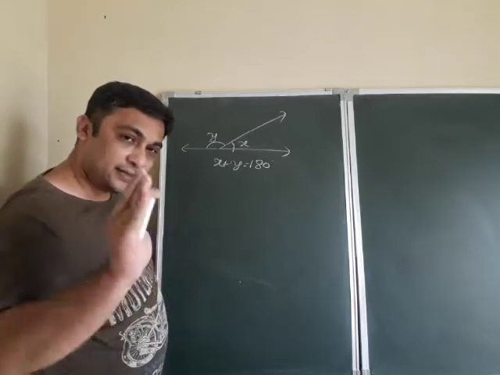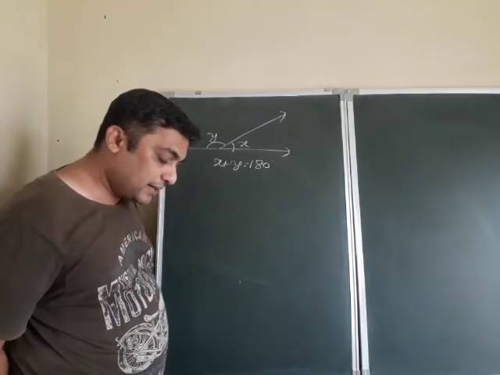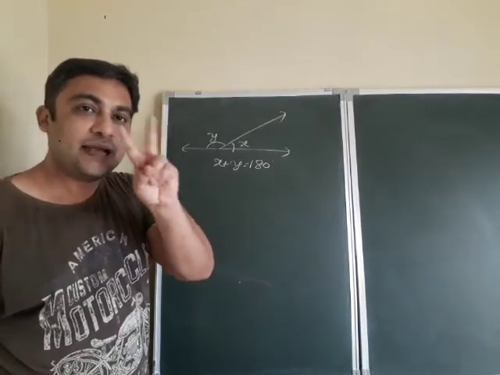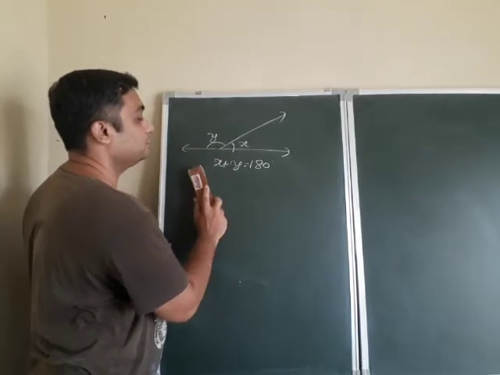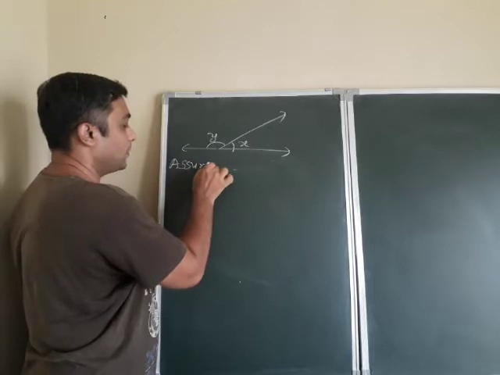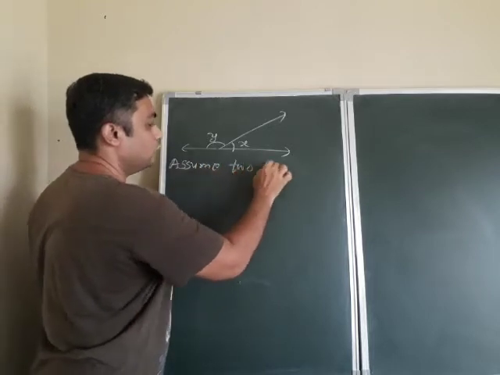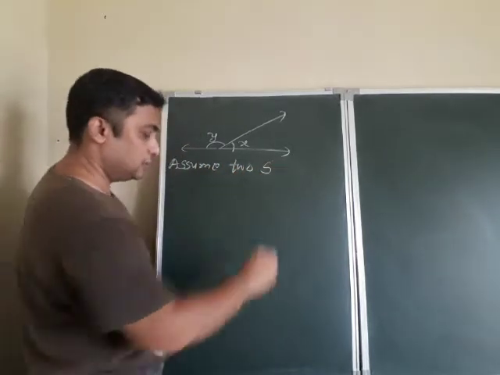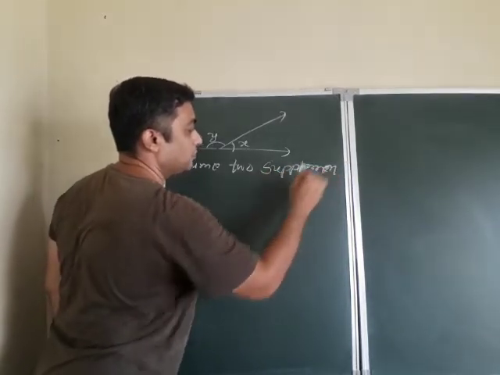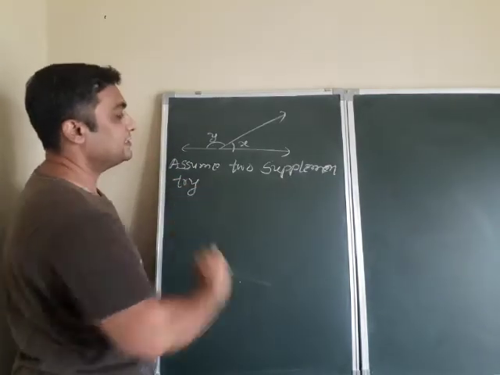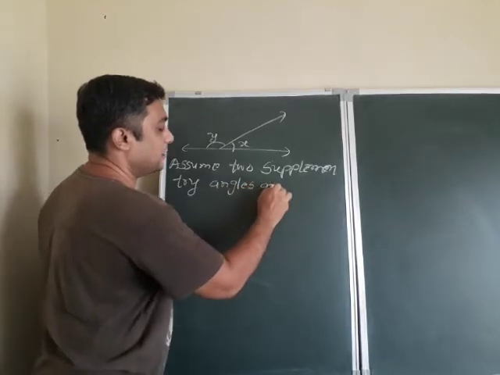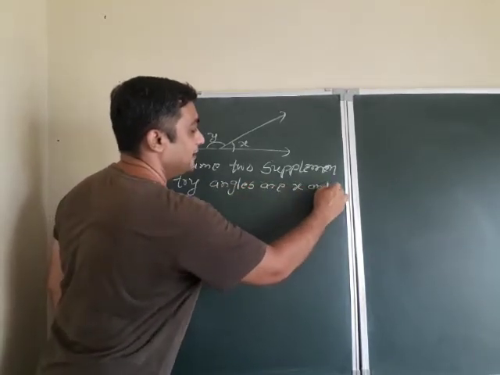So here, read the data. The larger of two supplementary angles exceeds the smaller by 18 degrees. Find that. It means two supplementary angles are given. So let us first assume the two supplementary angles are x and y.